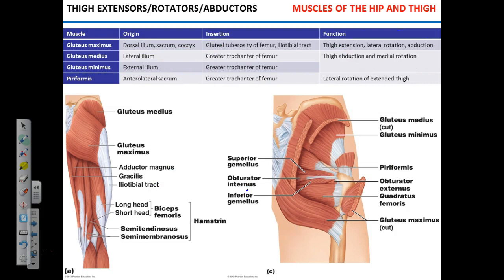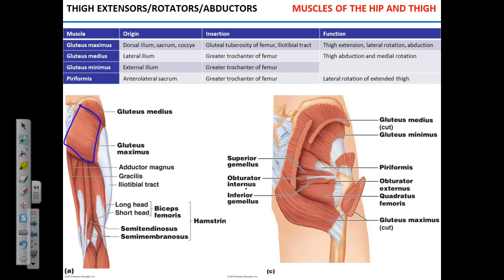Now, extensors. Glutes. Gluteus maximus is 3, gluteus medius is 4, and gluteus minimus is 5. So in this picture you can see gluteus maximus.